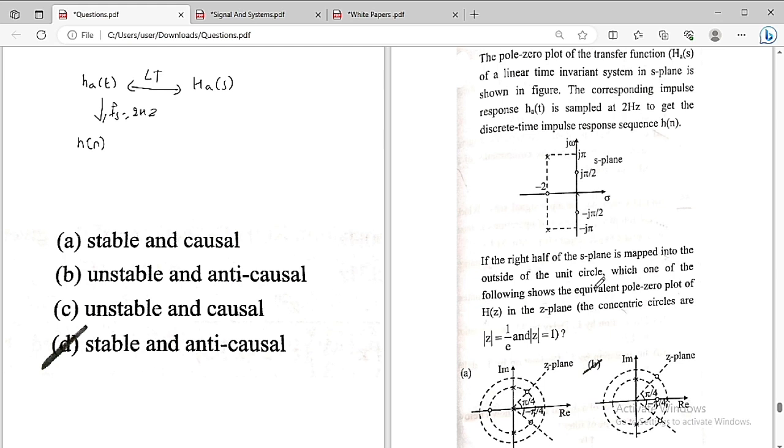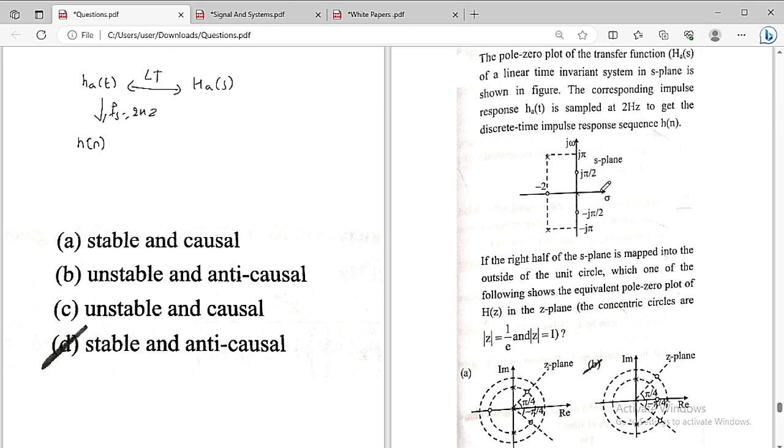Now, which one of the following shows the equivalent pole zero plot of H of z in the Z plane? So basically, these are the poles and zeros in the S plane.